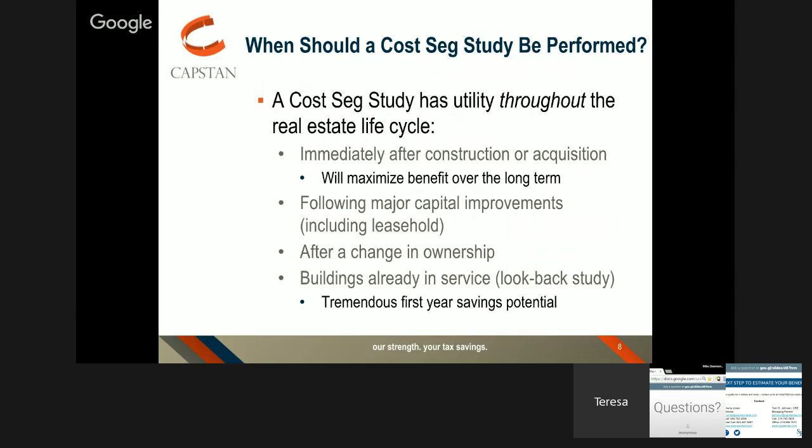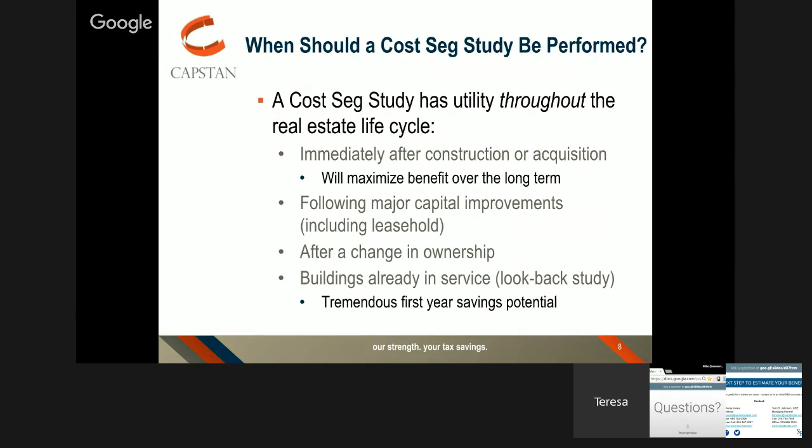So let's say that you bought the property or built it in 2010, and now we're sitting here in 2016. So you decide today to do the COSSAC study. All that accelerated depreciation that you would have gotten between 2010 and 2016, we catch that up in the current year, and we get all of that in the current year, and it's line 481A.